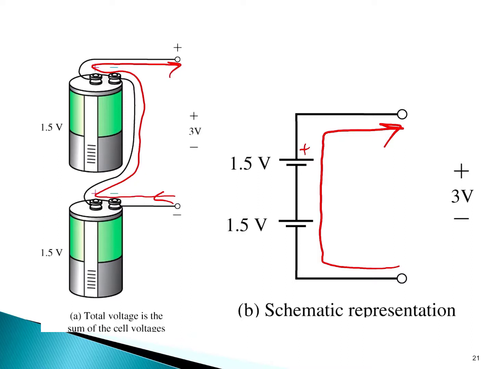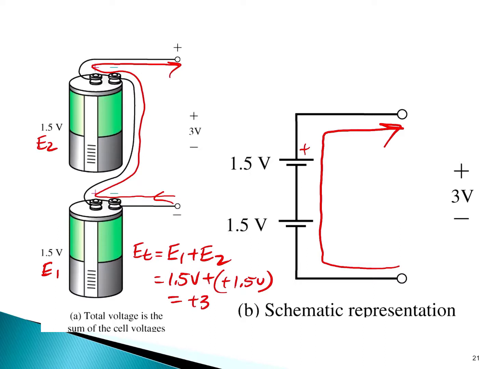Each time the voltage goes up by an amount equal to the battery's potential or its voltage. Here we have 2 1.5 volt batteries, so E total would be E1 plus E2, which is 1.5 volts plus 1.5 volts, to give us a total of plus 3 volts.